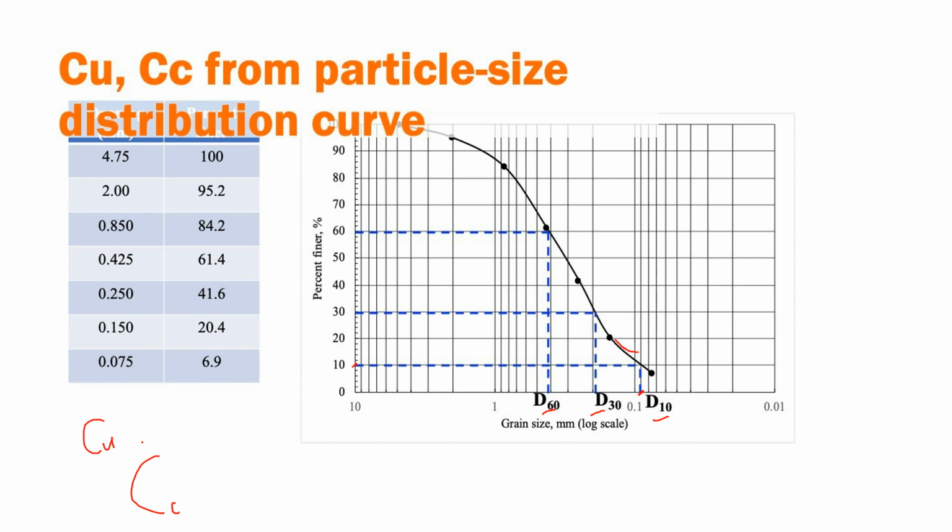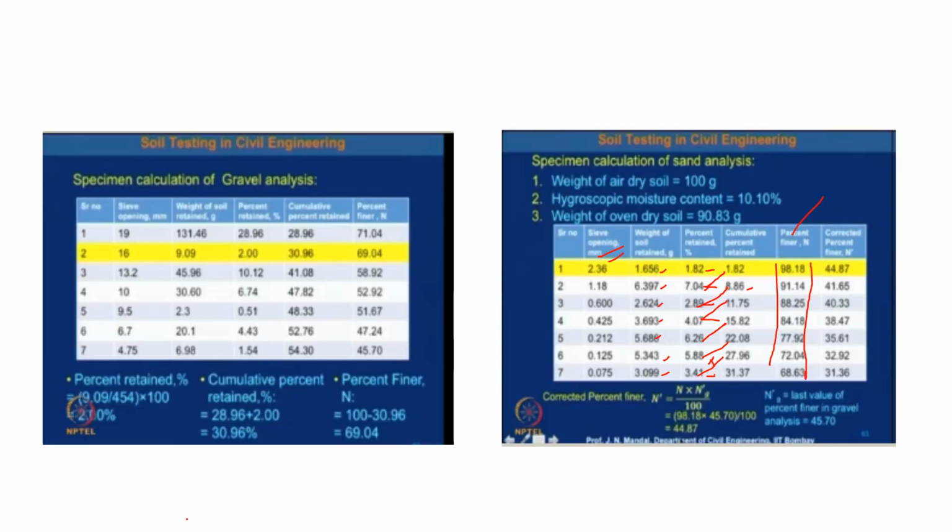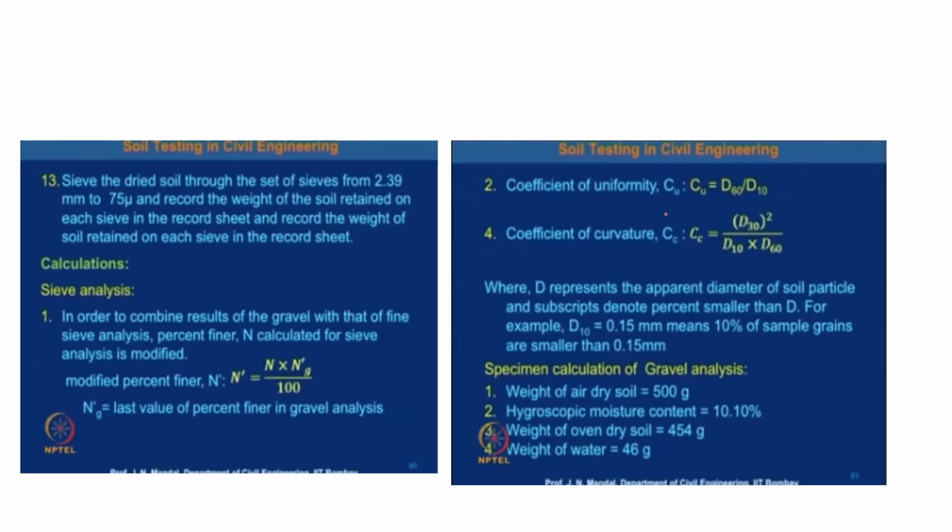We classify coarse grain soil only based on these two values. Your coefficient of uniformity is nothing but D60 by D10, and your coefficient of curvature is D30 squared by D10 into D60. Depending on the values or range of these values, we will be able to classify soil.